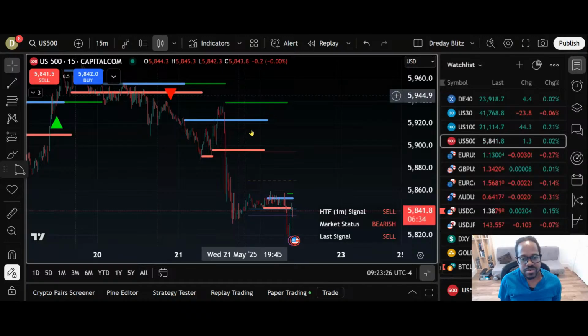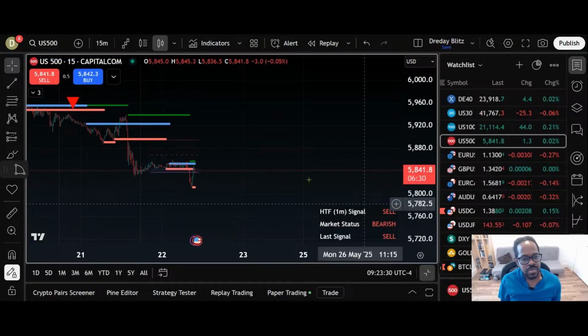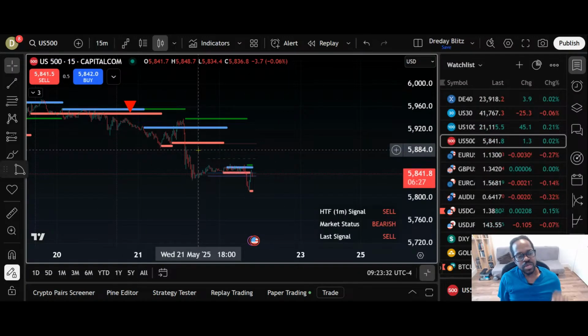It's all good. So nothing to see so far. Still have the continuation from Tuesday's sells on the indices. We had a small pullback on German, but it started to crash.